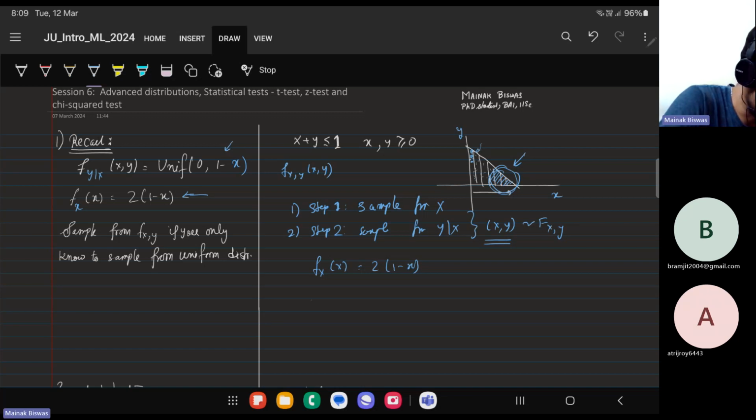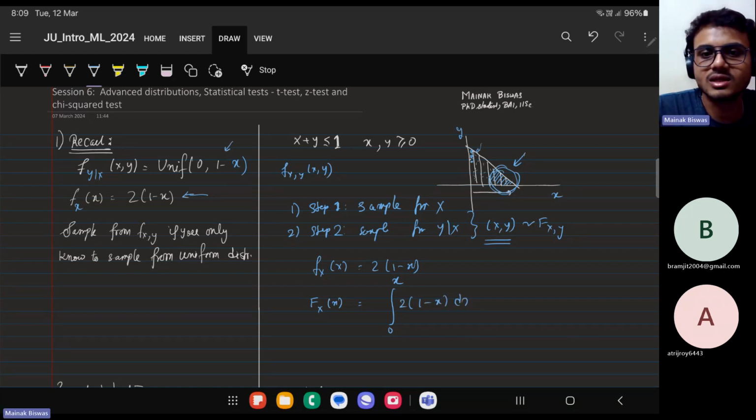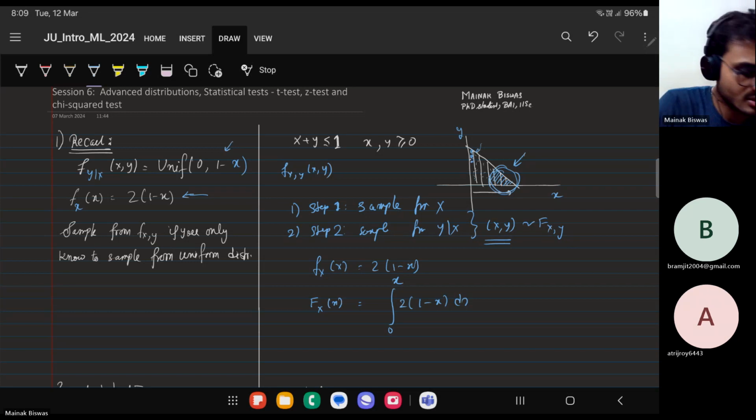So what is the CDF here? The integral from 0 to x of 2 into 1 minus x, right? This is the CDF. The probability that X is less than or equal to x, where x is between 0 and 1.